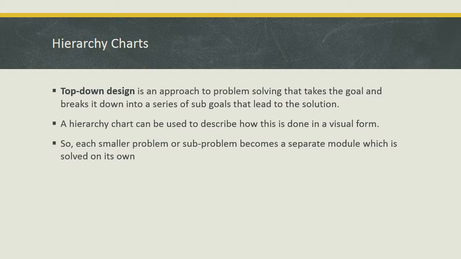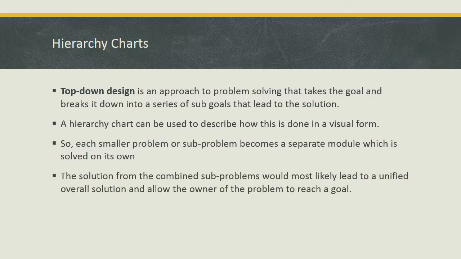So each smaller problem or sub-problem becomes a separate module which is solved on its own. The solution from the combined sub-problems would most likely lead to a unified overall solution and allow the owner of the problem to reach a goal. So a great advantage of having these smaller sub-problems is of course that it breaks down the problem into smaller, more easily computable chunks of data sets.